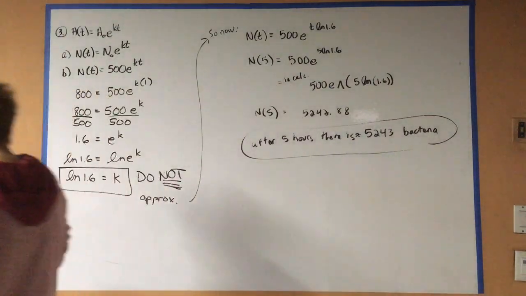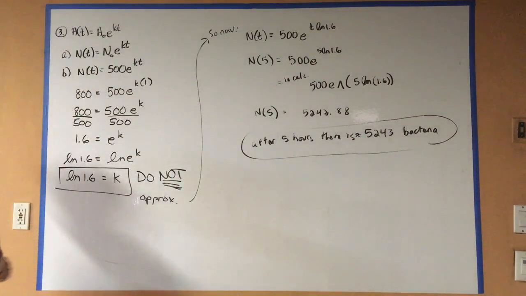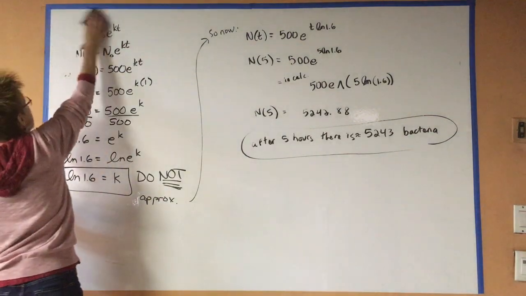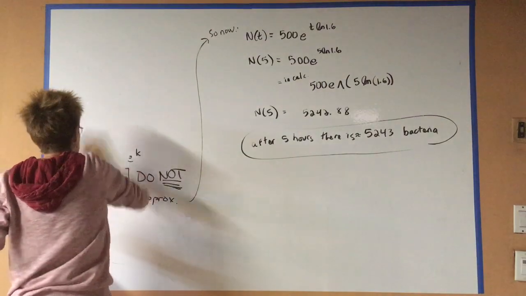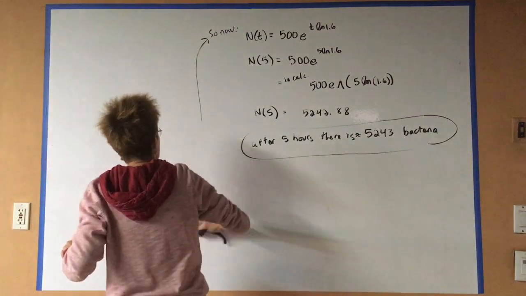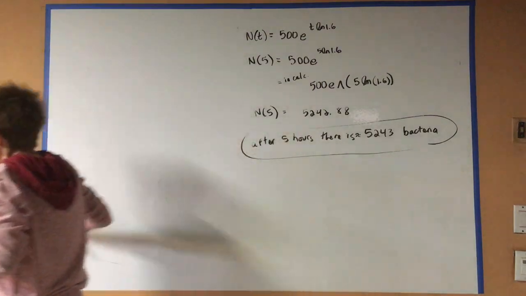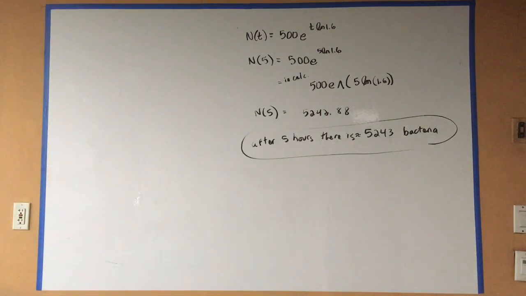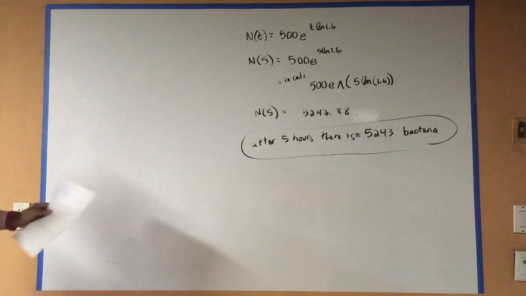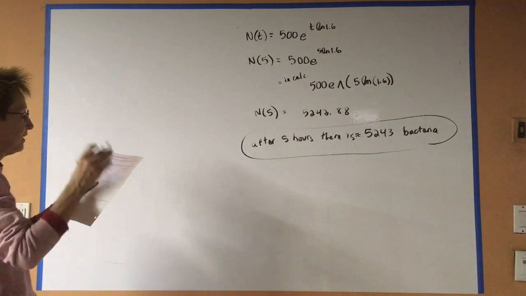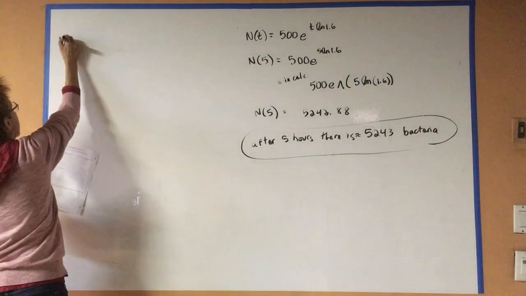Lots of fives there. So part C says, how long is it until there are 20,000 bacteria?